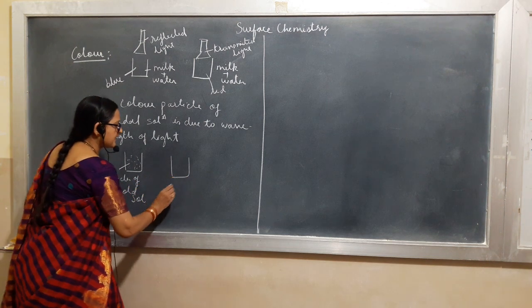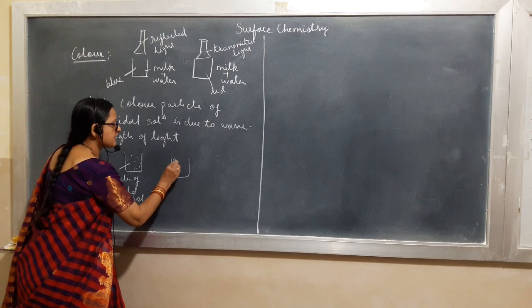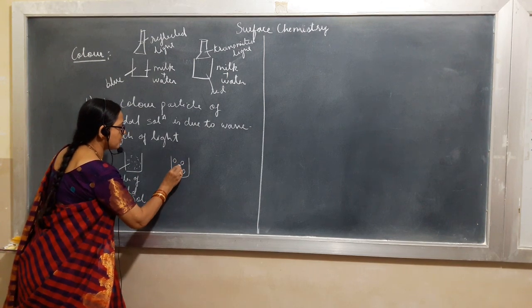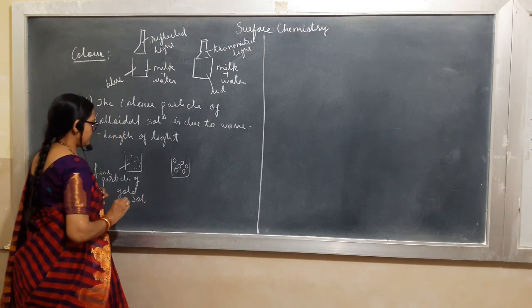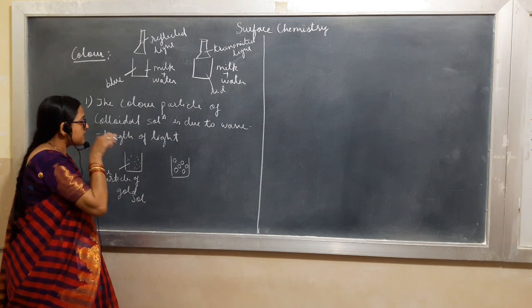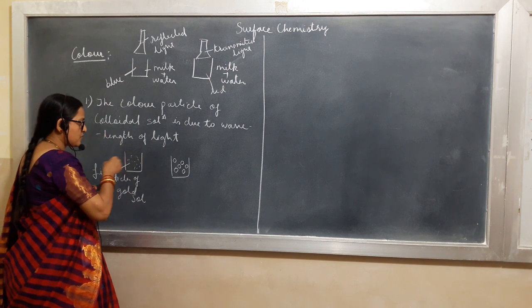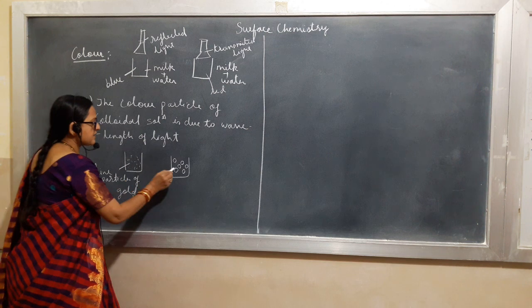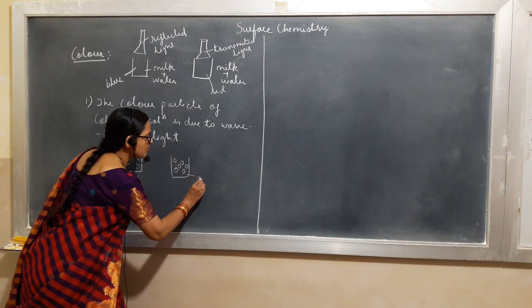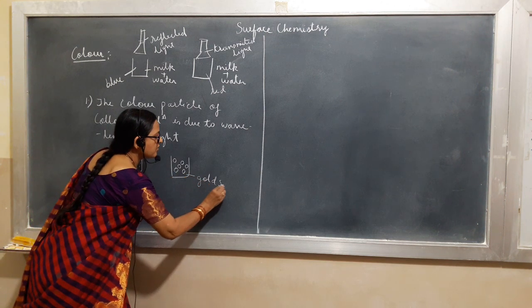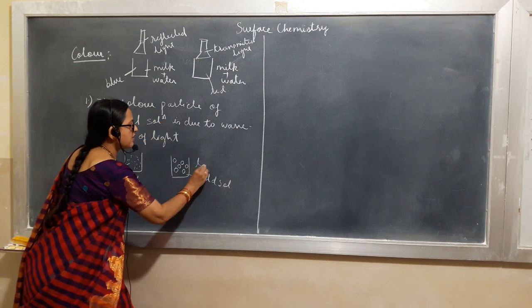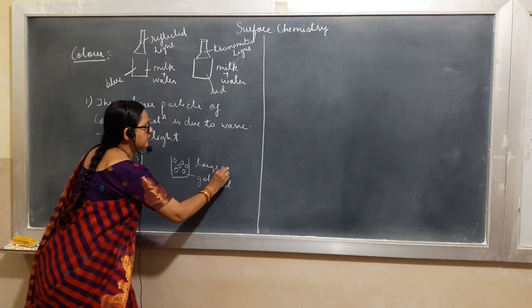In this, gold sol is only kept, only the particles are little coarse in shape. Now we know colloidal size is about 1 nanometer to 2000 nanometer. So this is finest and this is large in size. This is also gold sol with large particle.